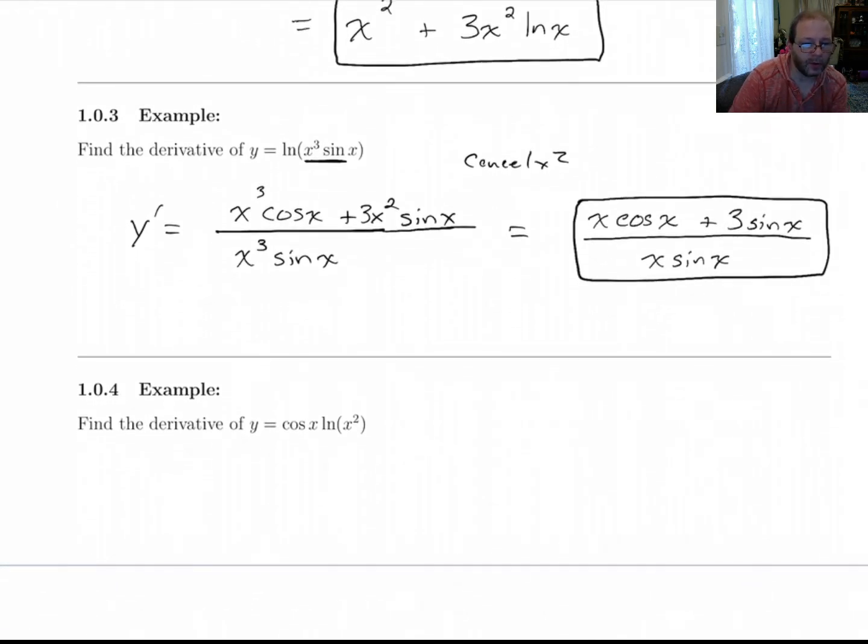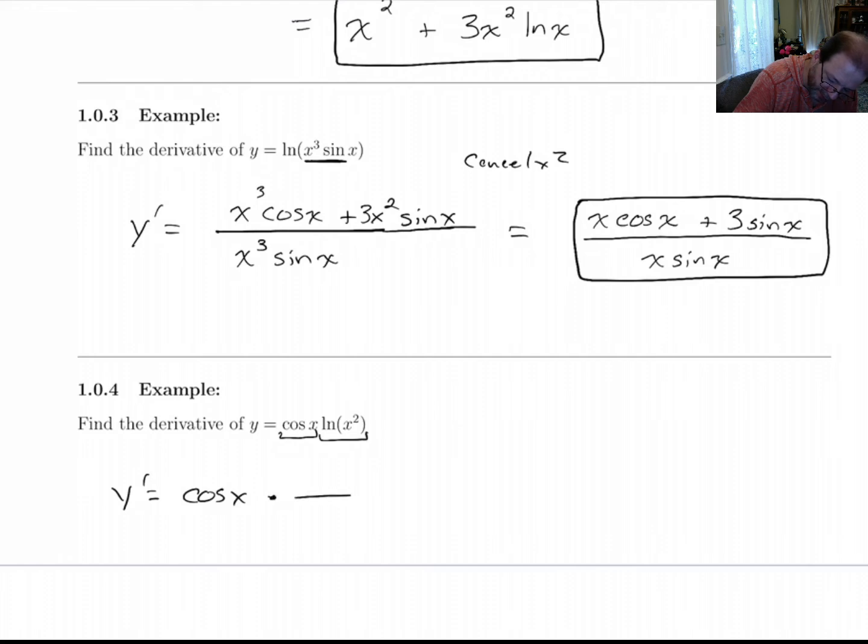All right, and one more. Find the derivative of this. Now this is another one where we have to use the product rule. This is my first function, cosine x, and natural log of x squared is my second function. So when I do this, I'm going to get first times derivative of the second. Now the derivative of natural log of x squared is x squared on the bottom, and its derivative 2x on top. So that's first times derivative of the second. And the second is natural log of x squared.